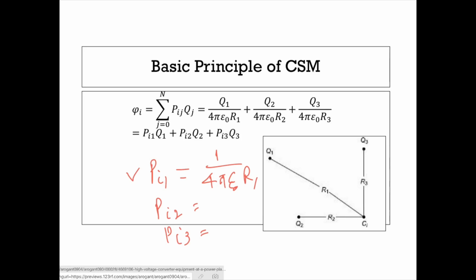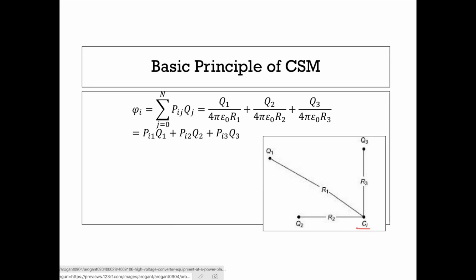So these are the coefficients, and in these coefficients all the parameters are known because 4 pi is the constant and epsilon 0 is the permittivity of free space.